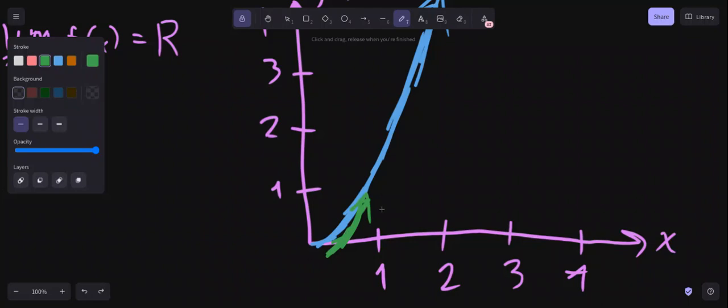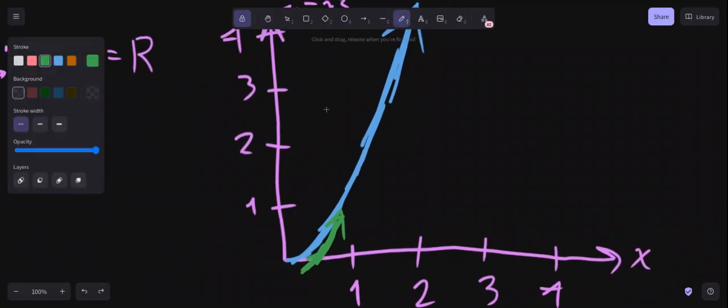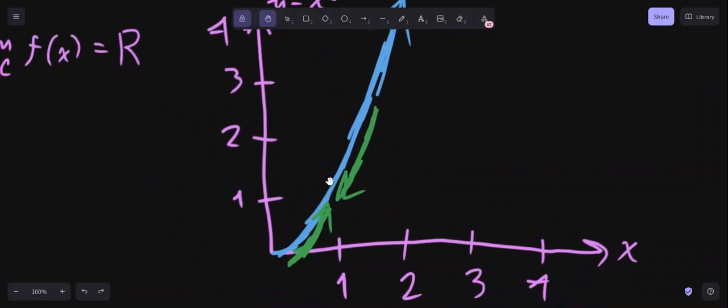You would see, going from this direction, because you're trying to see what values it approaches no matter what direction, so you can look from that side as well. So you would see, what value does f of x equal to x squared seem to approach as your x values get arbitrarily closer and closer to 1?